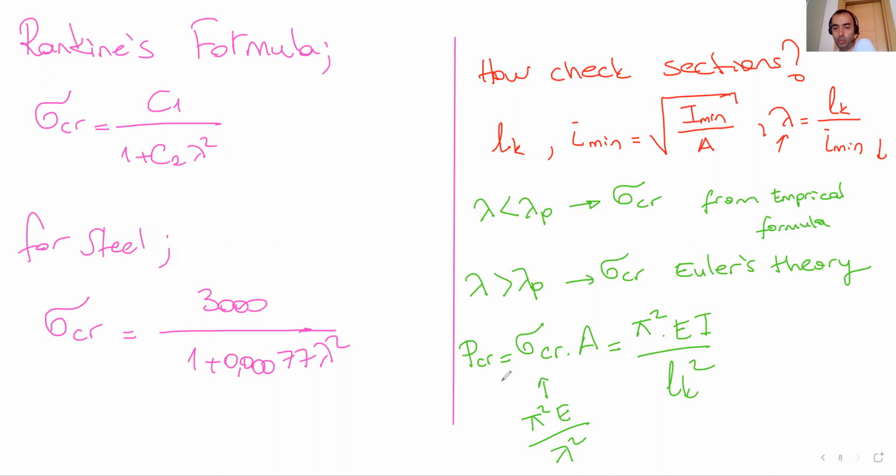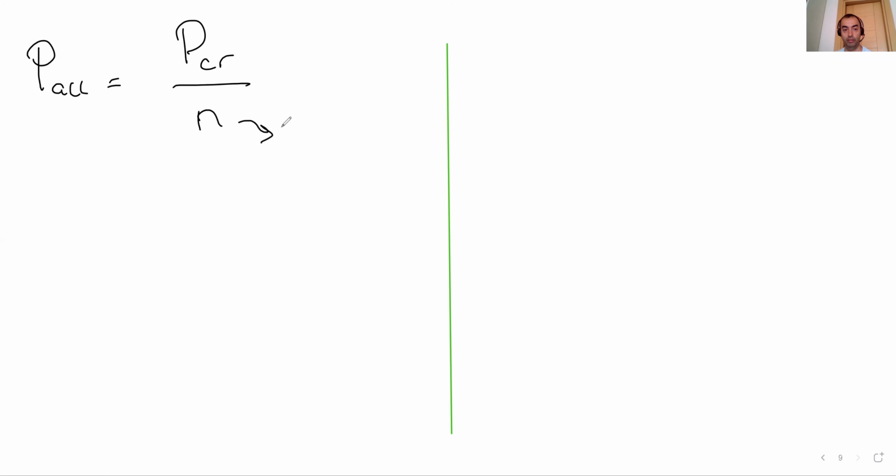Now this is the buckling load, that's okay, but we have to consider a factor of safety. We don't make our check directly according to the calculated critical load. The allowable load is P allowable equals P critical over N, the factor of safety.